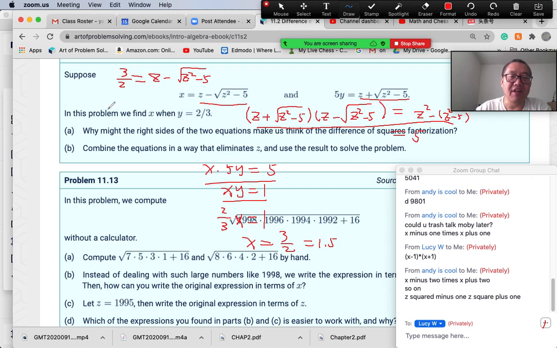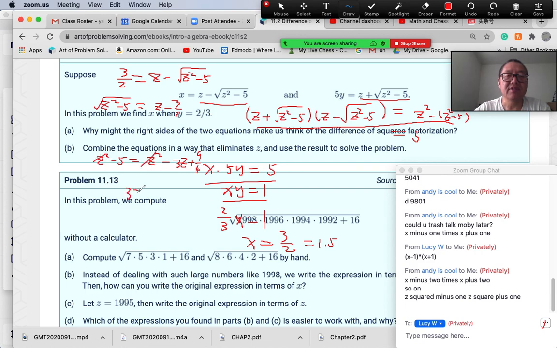We can write this as the square root of z squared minus 5 equals z minus 3/2. Then squaring both sides, we get z squared minus 5 equals z squared minus 3z plus 9/4, right? The z squared terms cancel out.